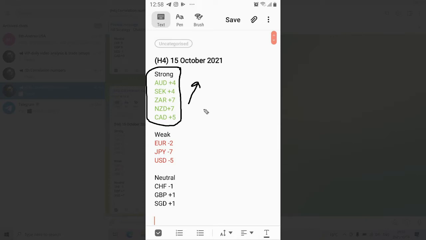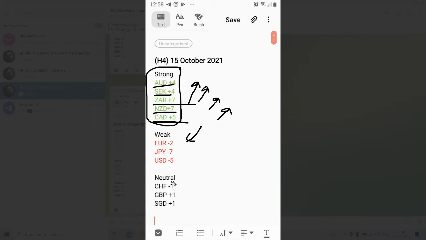That means whenever you see AUD pairs, you need to look for a buy. SEC pairs, you need to look for a buy. ZAR, we need to look for a buy. NZD, we are buying. And even the Canadian dollar, we are still buying because we've never seen the momentum changing into negative. Currently, the CAD is still buying.